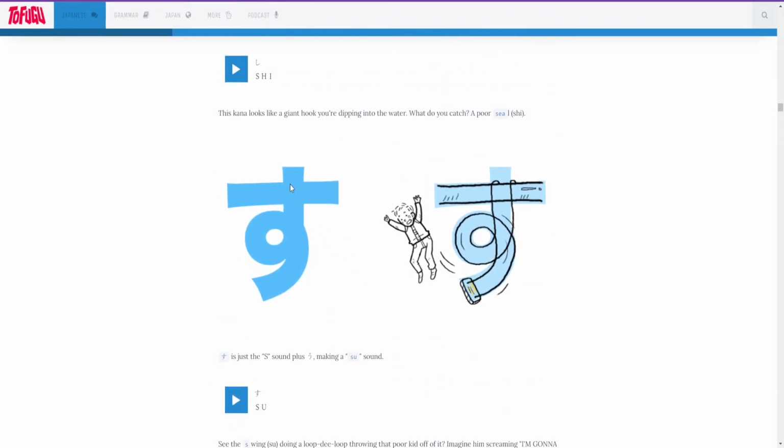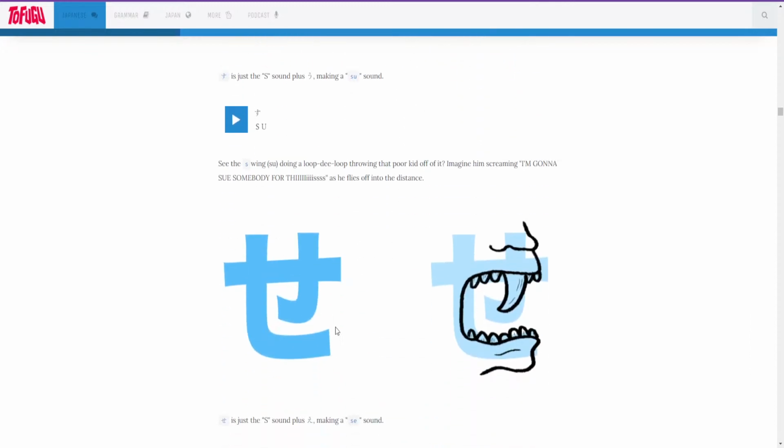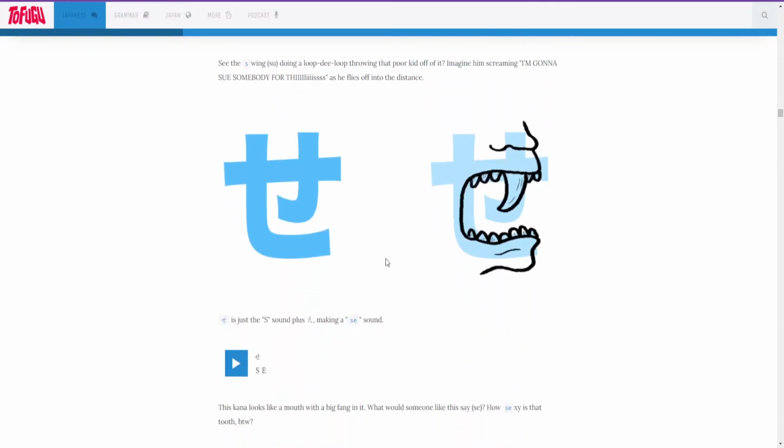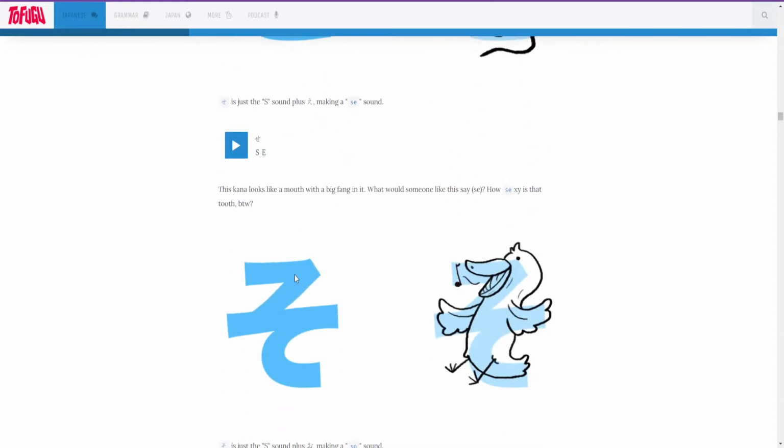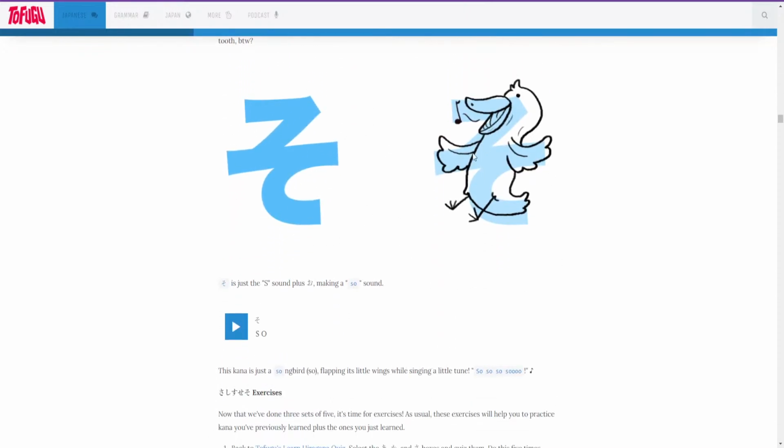And then we have Su, which is a kid flying off a swing because he doesn't know how to play right. Next we have Se. Looks like a face of sorts with a cute, sexy little snaggle tooth. Se. And then our friend, the exotic fancy bird, is back with a song. So.